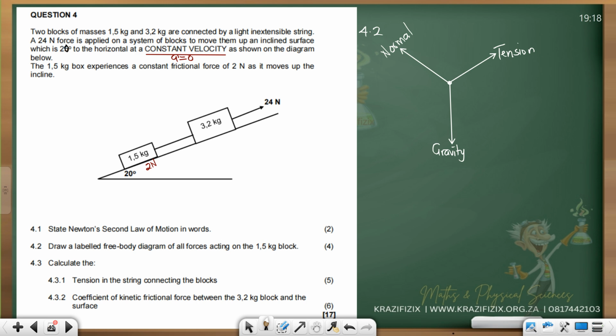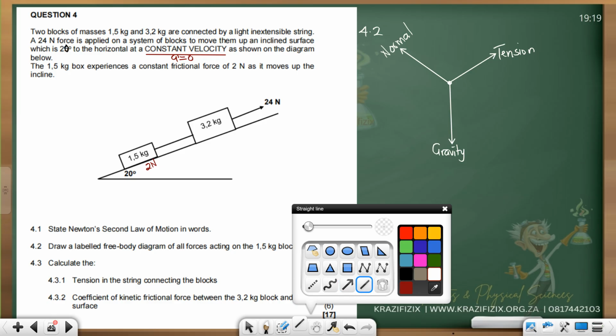Only I see 3. Given, did you read the question? Look at the last statement. The 1,5 kilogram box experiences what? Read with me, Given.